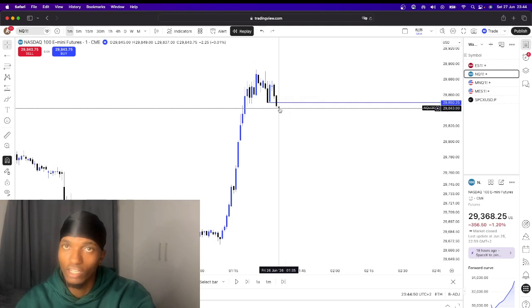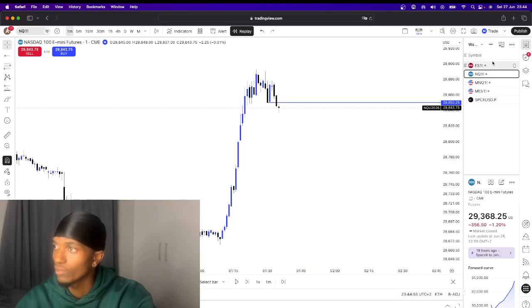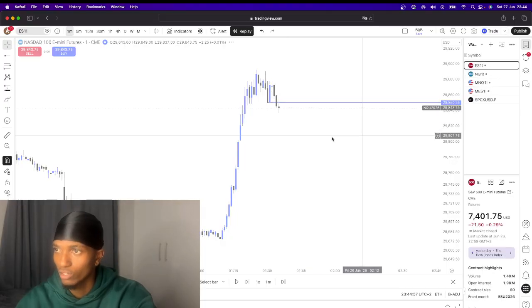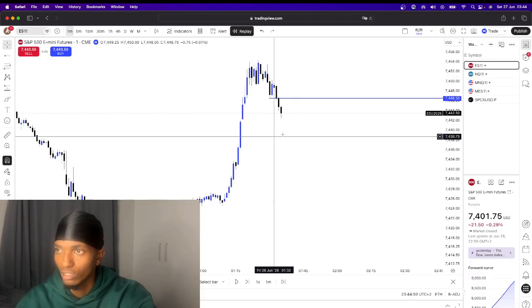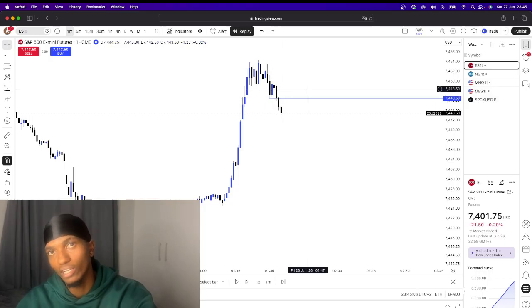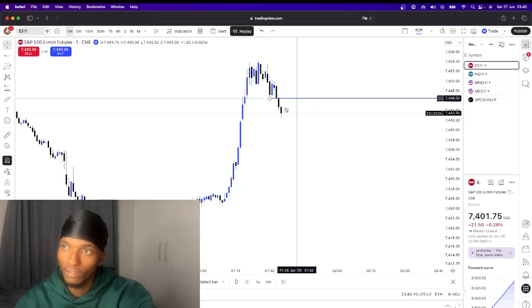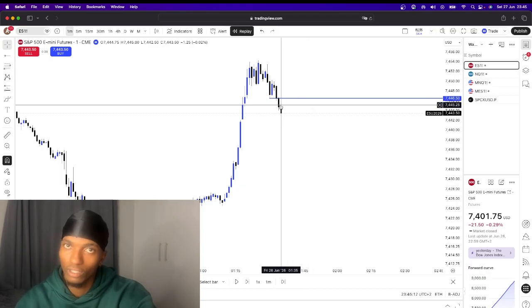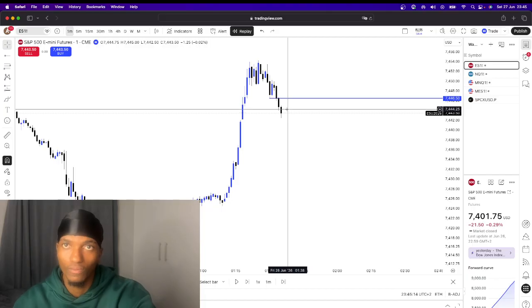Because you can clearly see, look at this candlestick here at 135. Look at this one here at 135 again. Do you see we have some good bearish candlesticks from that break of structure down? However, on Nasdaq we don't have as good bearish candlesticks as these ones, right?